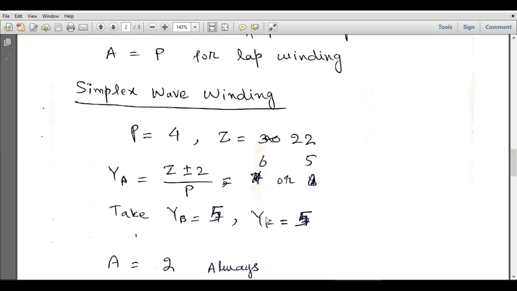The back pitch and front pitch in wave winding are always equal, and they must be equal to an odd number, right? So the pole pitch can be either 5 or 6, but we have to choose the odd number among these two. So the odd number is 5. So back pitch is equal to 5 and front pitch is also equal to 5.